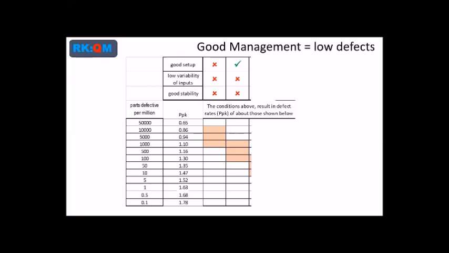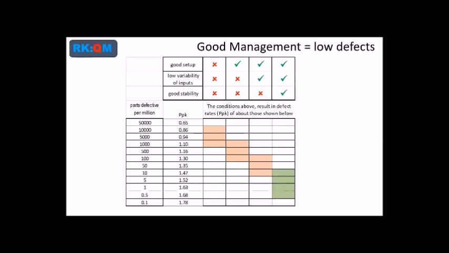As you improve the management of your setup, the defects will reduce. Reducing variability of the process leads to further defect reduction, and by achieving a stable process, you can expect even more reductions in defects and reductions in scrap, and you will save money. Again, good quality costs less.